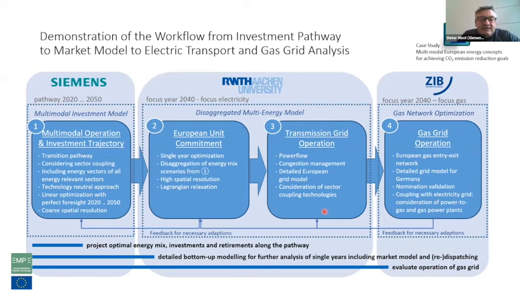What have we done in this case study? We made a multimodal operation investment trajectory along the pathway 2020 to 2050. And as I said, multimodal means that we have heating, cooling, electricity, transport and all these sectors inside, also some industry sectors.